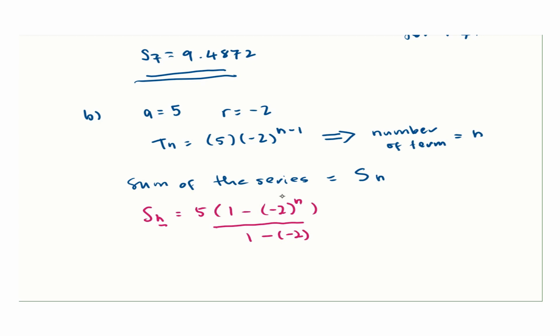Then we simplify, and we get Sn equals 5 times (1 minus negative 2 to the power of n) over 3. So this is our Sn. That's all for question B.